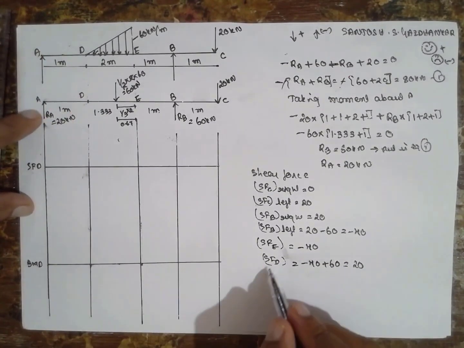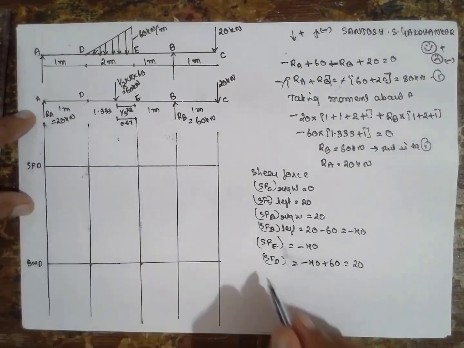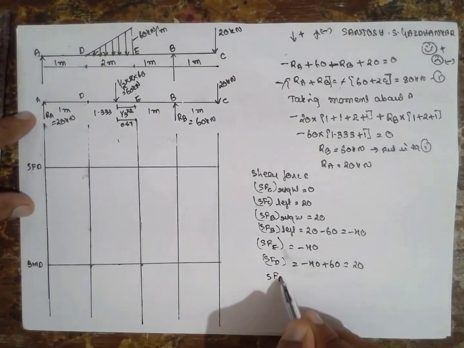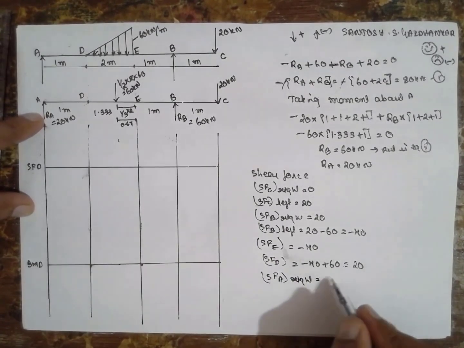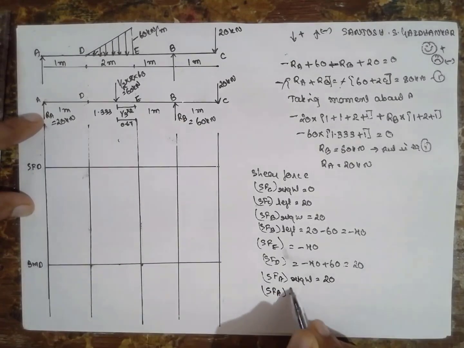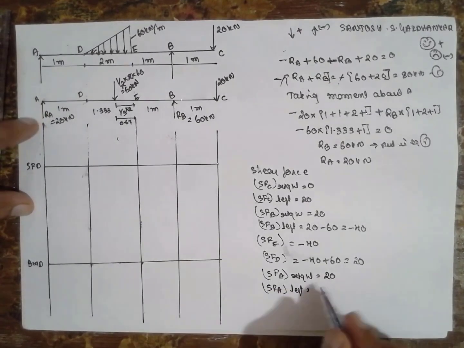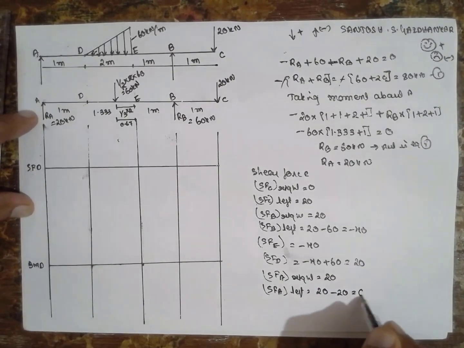At A there is a reaction force, therefore you have to consider left and right. SF at A right will be 20. SF at A left, 20 minus 20 will be 0.